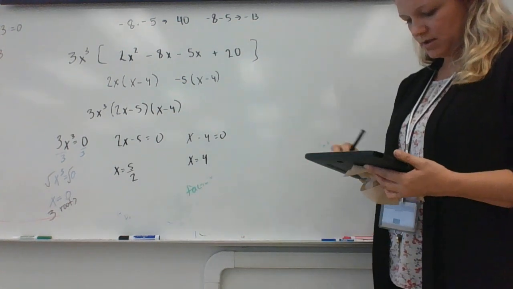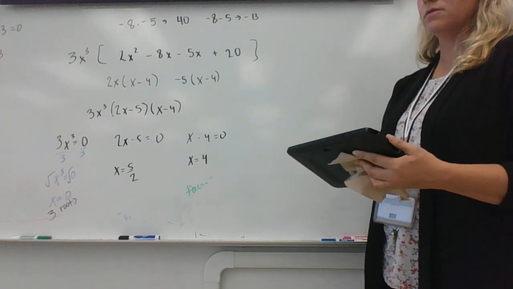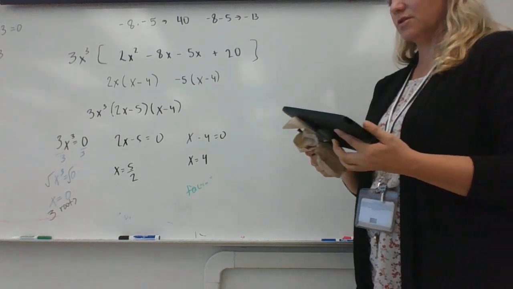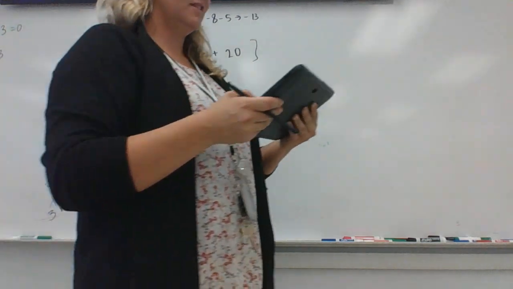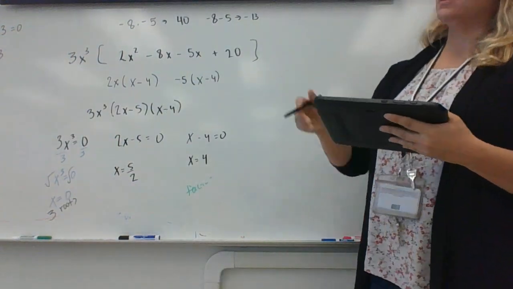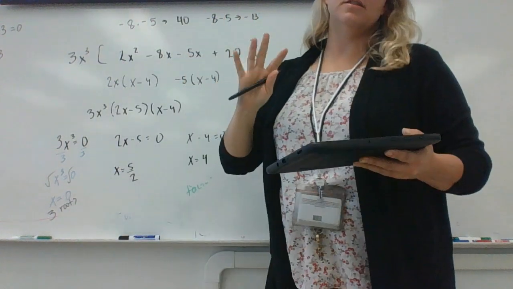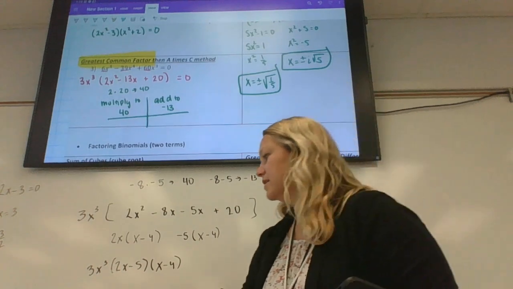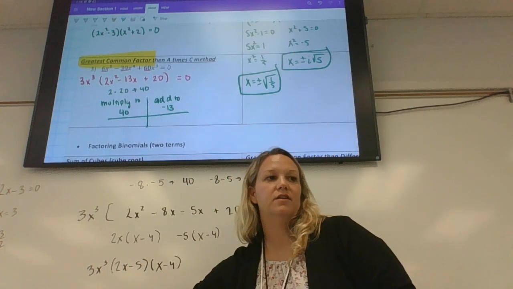We have 4 problems left, and these are shorter, so I think we'll finish. Because the exponent on the original problem is 5, I want 5 answers. And so this one counts for 3 because it came from x to the third.